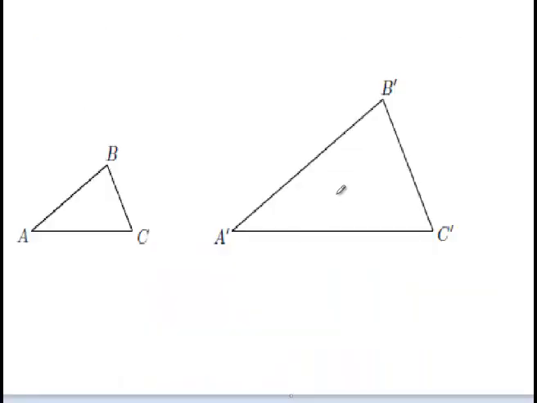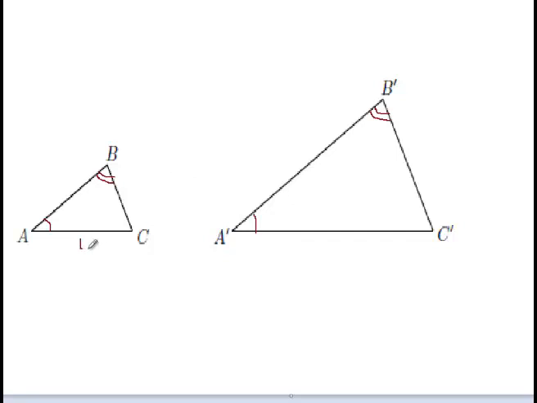So, for example, in this set of similar triangles, if I tell you that angle A is equal to angle A prime and angle B is equal to angle B prime, I'll use one angle sign to denote equality of this angle, and 2 to denote equality of that angle. That means that these are similar triangles. It also means that C is equal to C prime, but it also means that the ratio of the sides are in proportion.